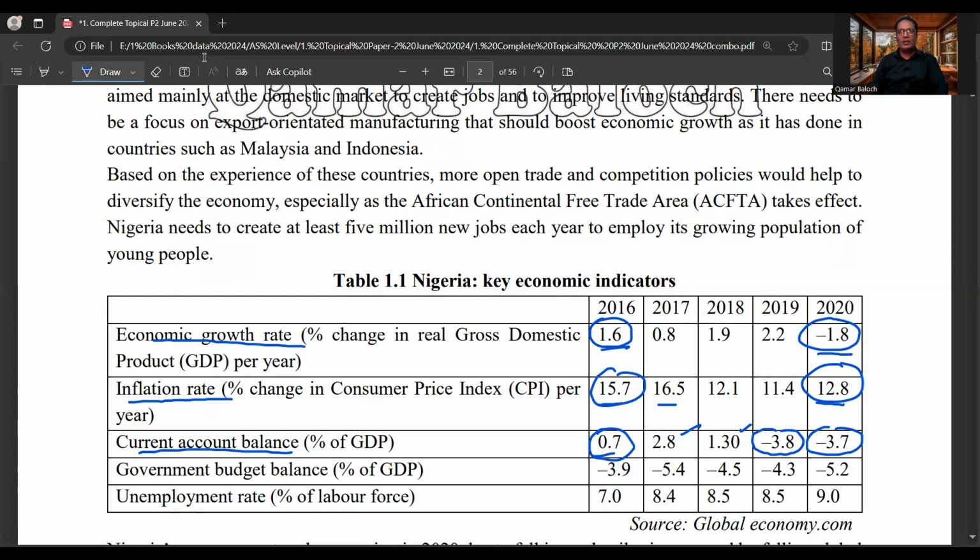Overall, we can say that the current account moved from surplus to deficit from 2016 to 2020. So this is how you can interpret these values.